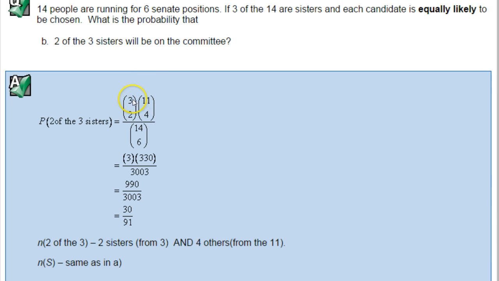So we've got 3 choose 2 times 11 choose 4, and then we divide it by our total number of possibilities, which still is 14 choose 6, and in this case we have a 1/3 probability, 30 in 91. So that's pretty good. 2 out of 3 sisters, we got a 1 in 3 chance of having 2 out of the 3 sisters represented on this committee of 6.